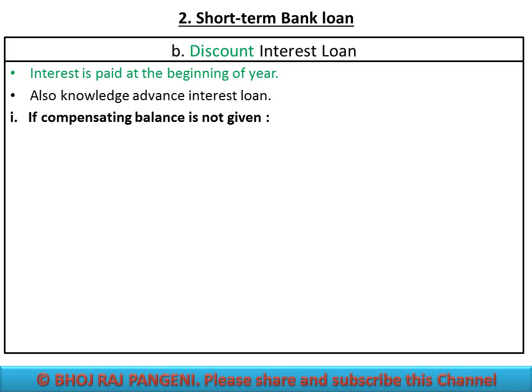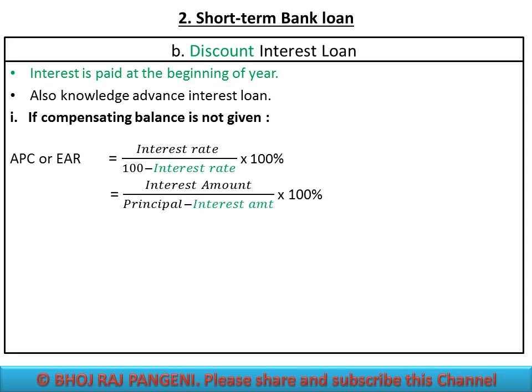One, if compensating balance is not given, then APC or EAR equals the interest rate divided by 100 minus interest rate, IR divided by 100 minus IR times 100%. The amount formula is interest amount divided by principal minus interest amount.